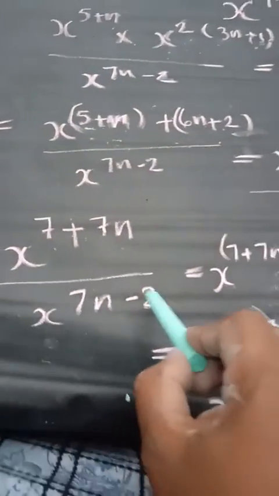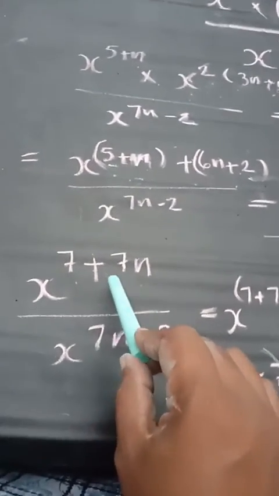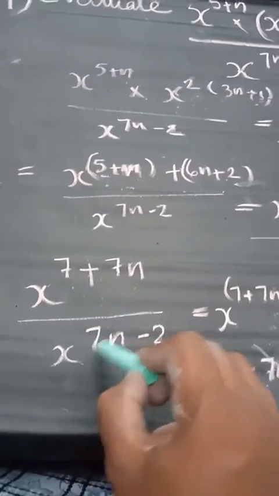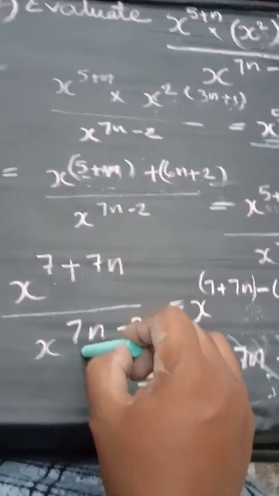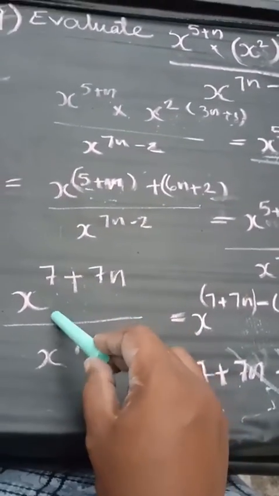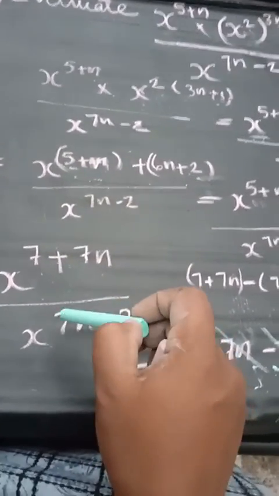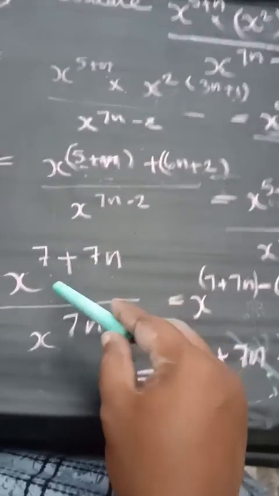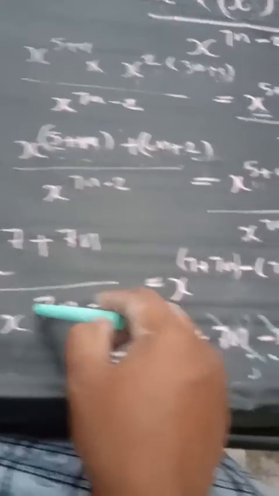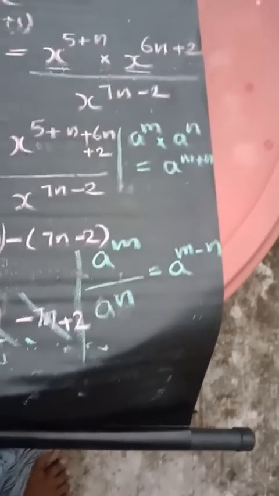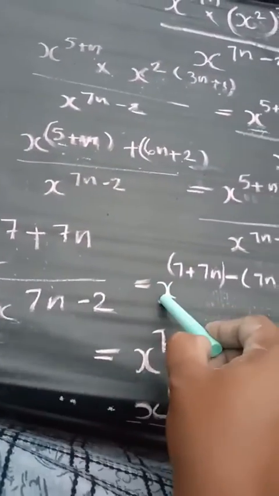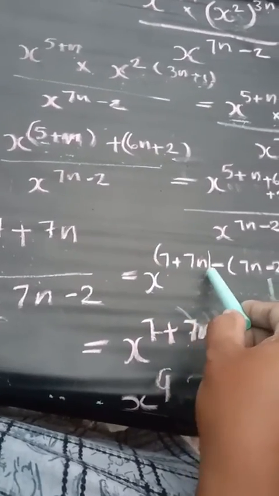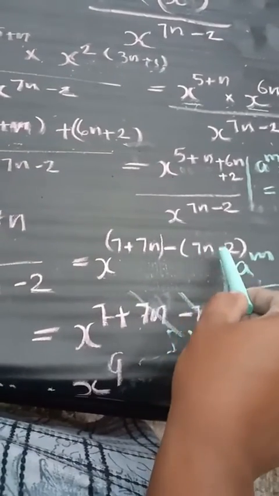This is again in the form a raised to m by a raised to n. Division, same base. What to do? Subtract the powers. a raised to m by a raised to n is a raised to m minus n. It is equal to x raised to 7 plus 7n minus 7n minus 2.